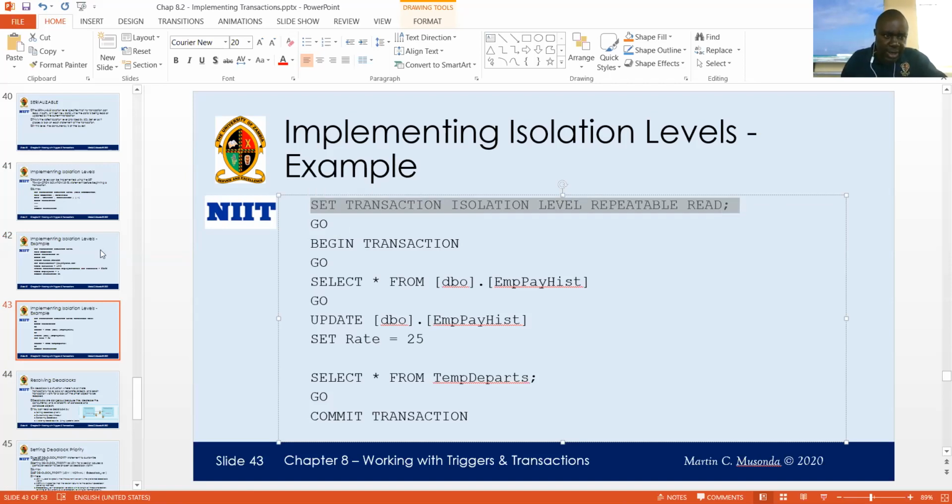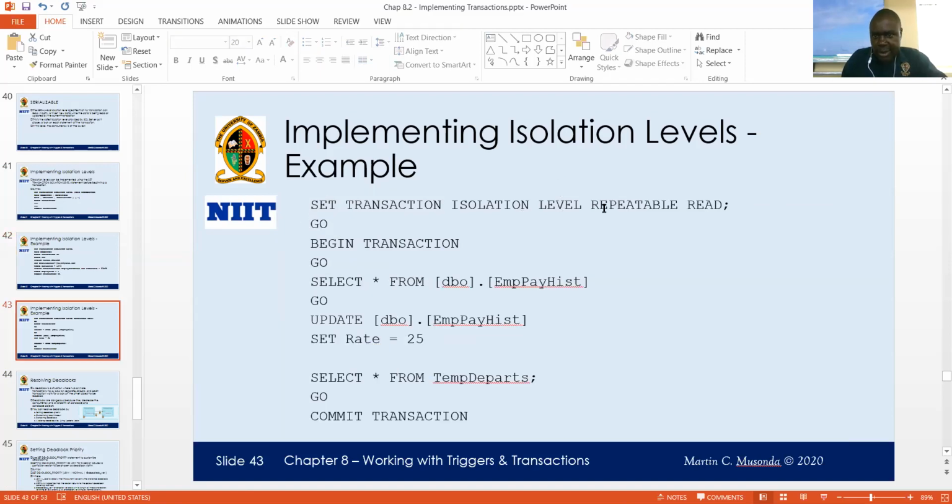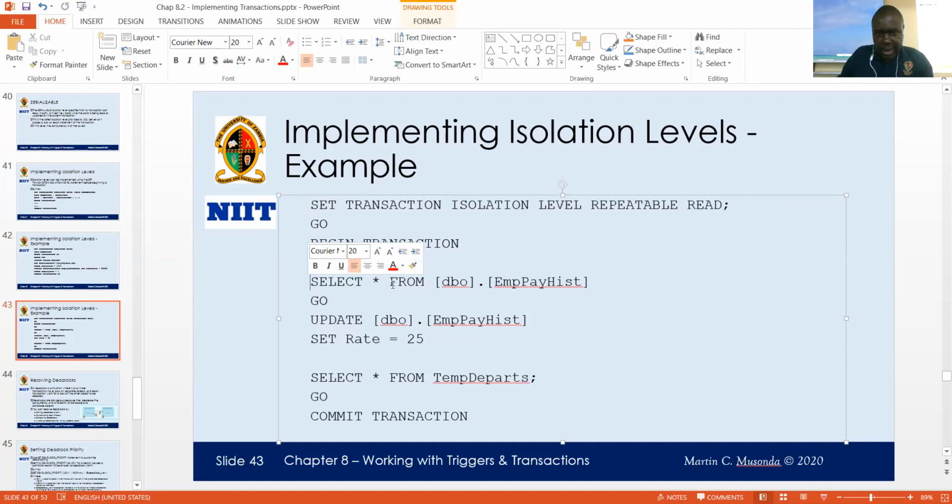In the previous example, we used read committed. This one, we set it to repeatable read. Then we begin the transaction where we perform select. We perform this statement where we retrieve data from this table.